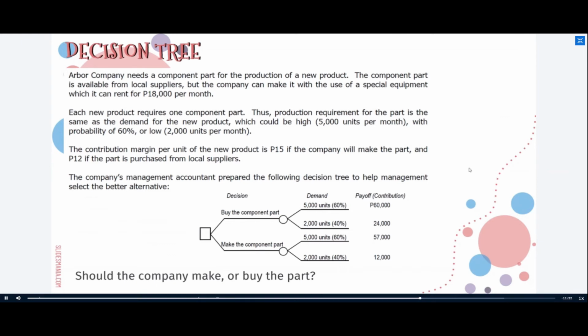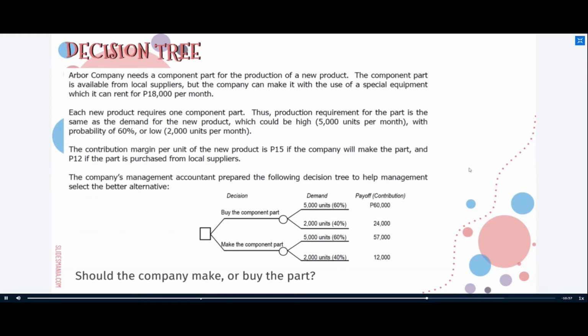Thus, the production requirement for the part is the same as the demand for the new product, which could be high, 5,000 units per month, with probability of 60%, or low, 2,000 units per month. The contribution margin per unit of the new product is 15 pesos if the company will make the part and 12 pesos if the part is purchased from local suppliers.